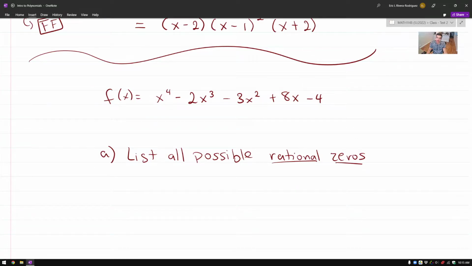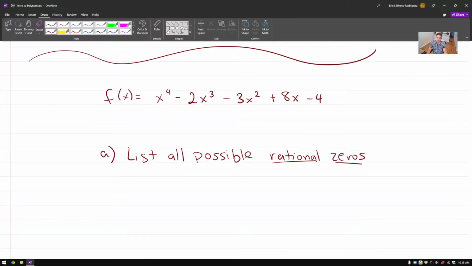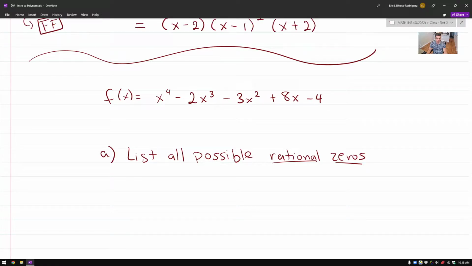So there are two important values that we need to take into consideration. Those values are the constant term, which is the last one here on the right. It doesn't contain a variable, that is why it's the constant term. And the coefficient of the leading term.